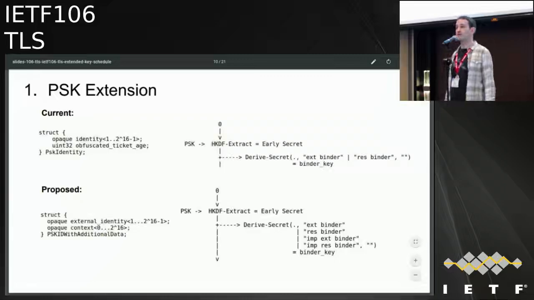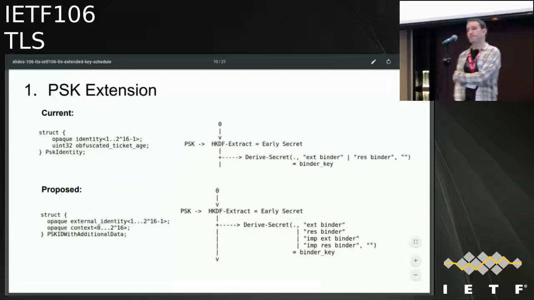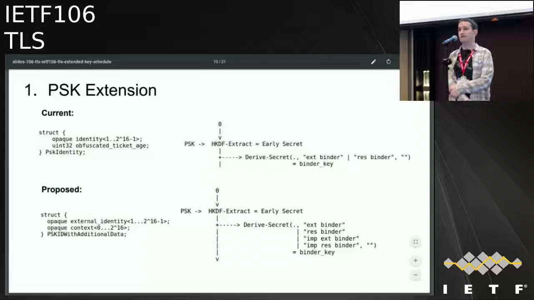Daniel Kahn-Gilmore. I don't think this is exactly the same as putting stuff into the transcript, what Ecker said earlier. In particular, if you stuff arbitrary stuff into the transcript, it might look the same as stuff that might already have been in the transcript. And this case is strictly additive. Yes, so that's why you have to use a different binder label.